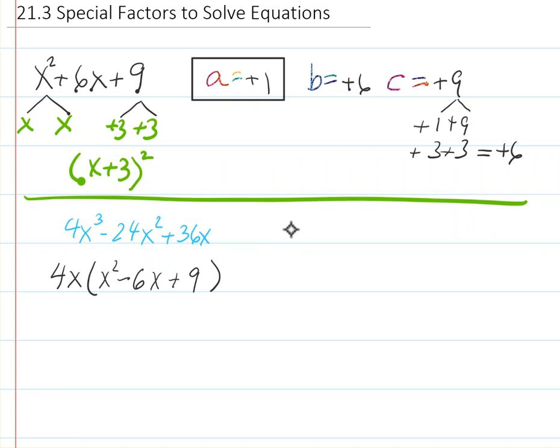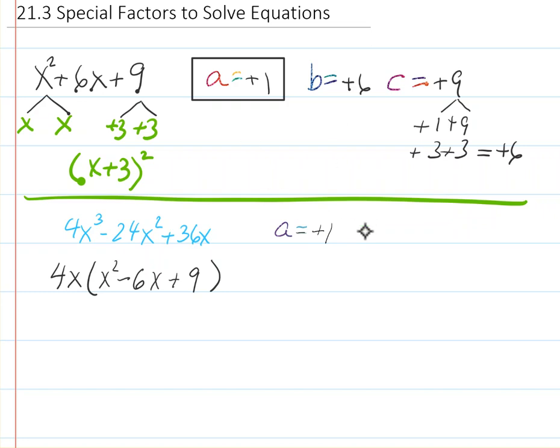All right, so hopefully you found A, B, and C. So let's do this thing. A is equal to positive 1, just what we want.